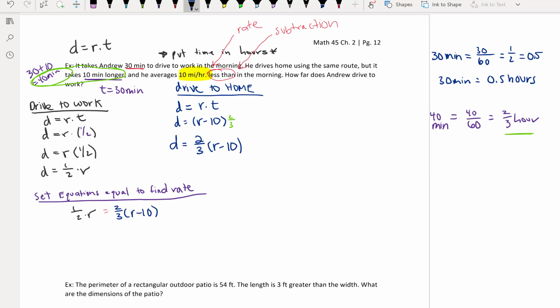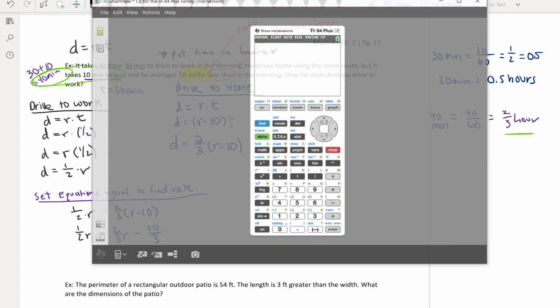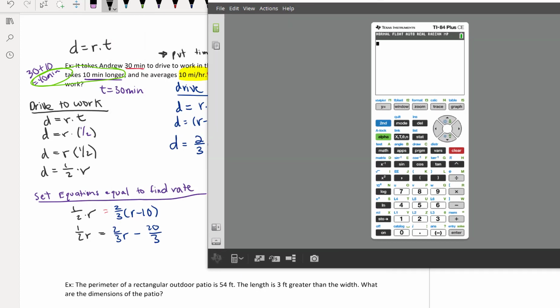So what I'm going to go ahead and do here is distribute. When I distribute that 2/3, it would be 2/3 r minus, and 2/3 times 10 would give me 20/3. Now from here, what I want to do is subtract 2/3 r from both sides. And again, you can do this on your calculator if you need to, and I can show you, right?